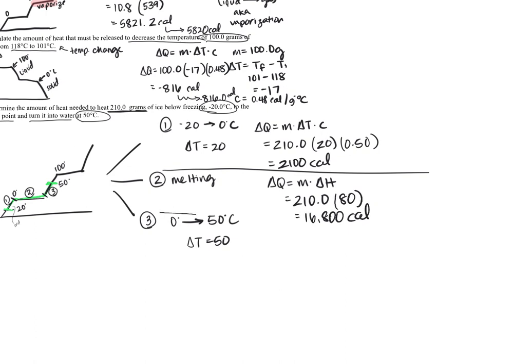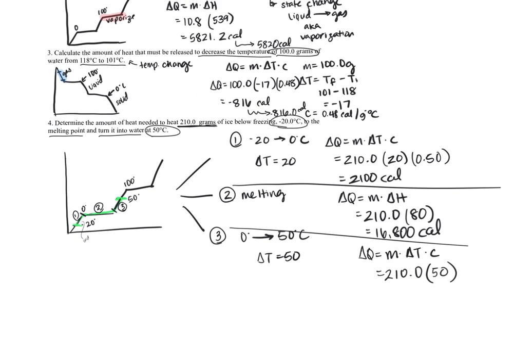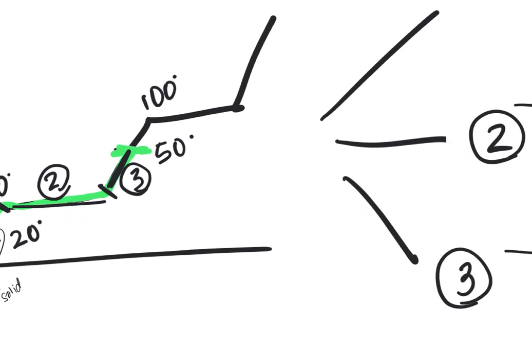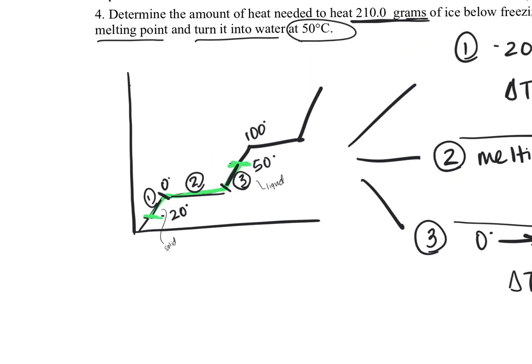And then finally, I need to do that third segment, again, another temperature change, where the temperature is going to be rising up 50 degrees. And now the specific heat, I don't necessarily want to use that 0.50 that I used up here, because now I'm in a different part of the graph. Now I'm in the liquid portion of the graph for segment 3.